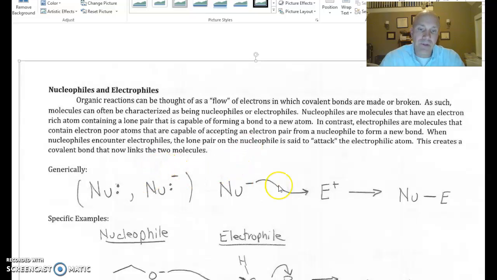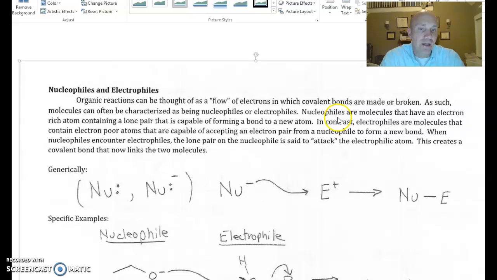That's going to be something that we're going to be doing a lot of. So first of all, a nucleophile. A nucleophile is a molecule, or it could actually be a single atom. But what has to be true is that there has to be an electron-rich atom that contains a lone pair, and that it's capable of forming a new bond to a new atom using that electron pair.